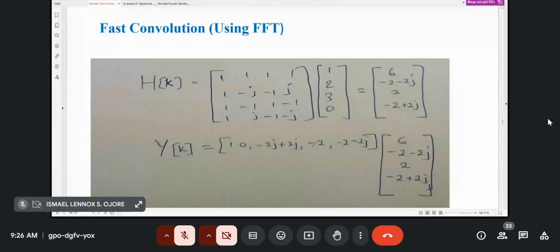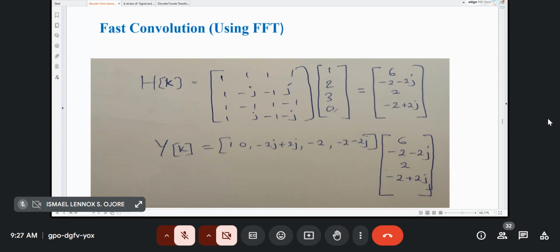Then we do H of k. Now, to use this matrix, you need to add, we call it padding. You need to pad that sequence so that it has 4 samples.